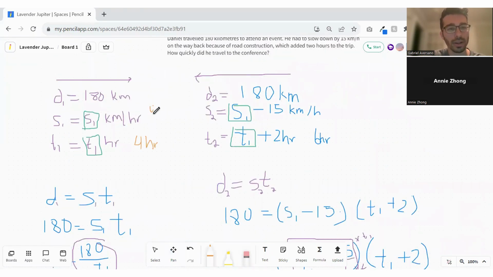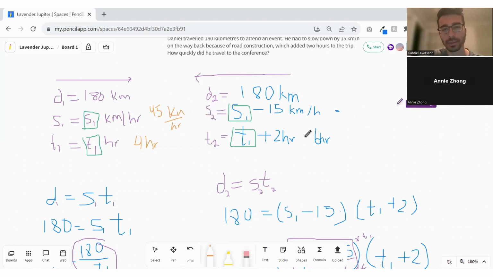Let's write that up here. So on the way there, 45 kilometers per hour. It took 4 hours. On the way back, traveling the same distance, took a little bit longer, 6 hours. What speed did they travel on the way back? So for this one, I would have to subtract 15 from here.